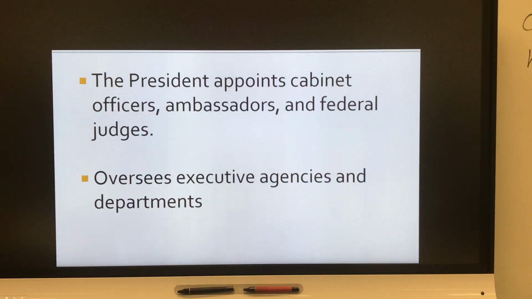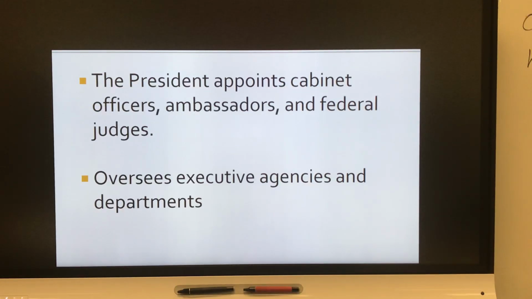And then the final job of the president that's in the Constitution is that the president oversees the executive agencies and departments. We've got some information on the cabinet and agencies and departments here in just a little bit. Once we wrap up these notes, you'll see some more information about those. I'll pan back up here in just a second and show you the charts again.